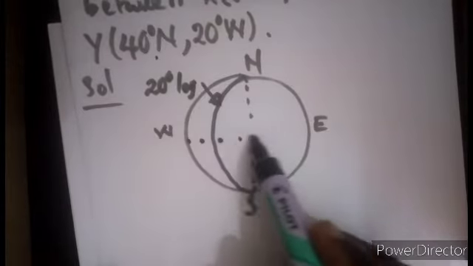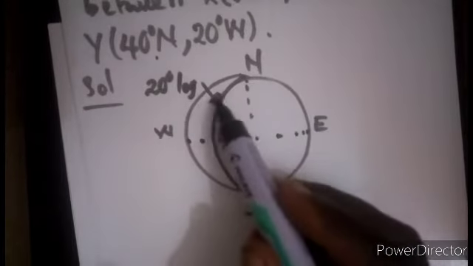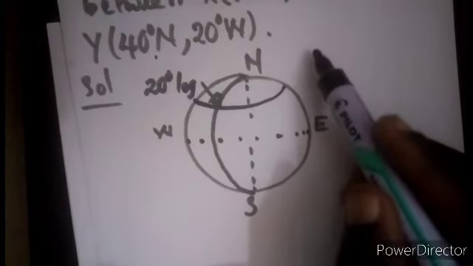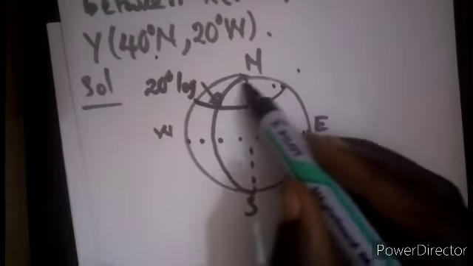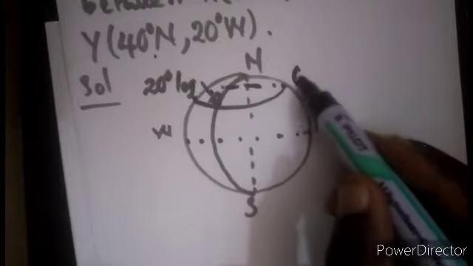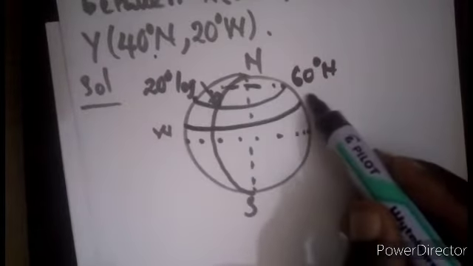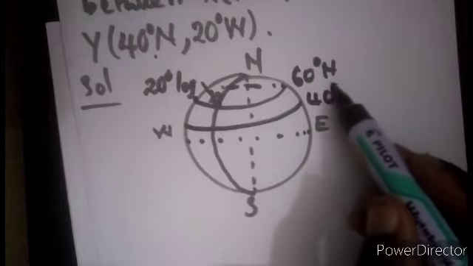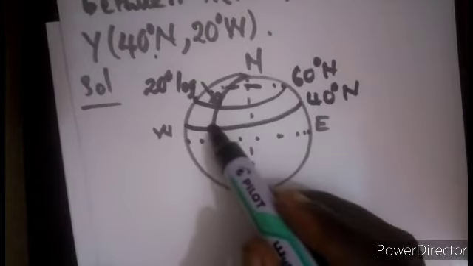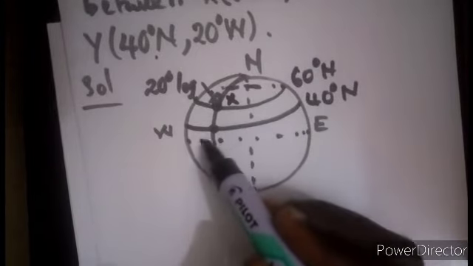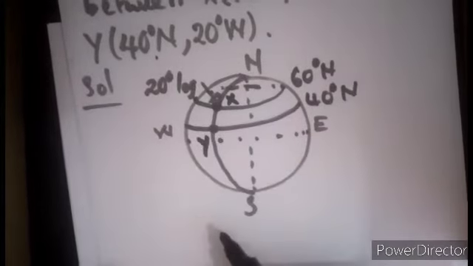So if this is the equatorial line, we are going to have the first point here. This will be 60 degrees north. Then we can say the second point is here, 40 degrees north. These 2 points where they meet here will be x and y respectively.